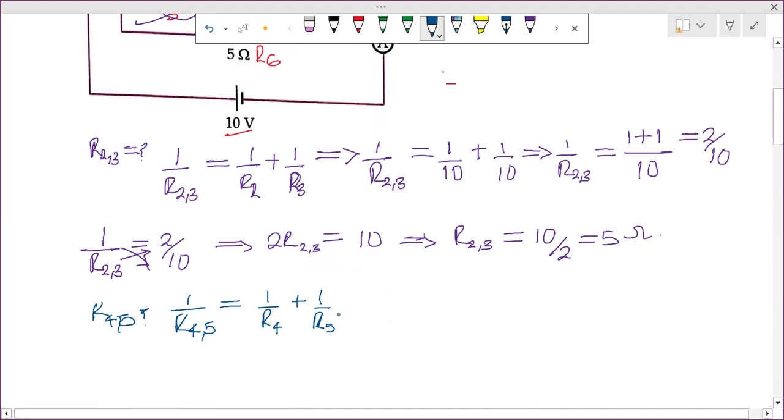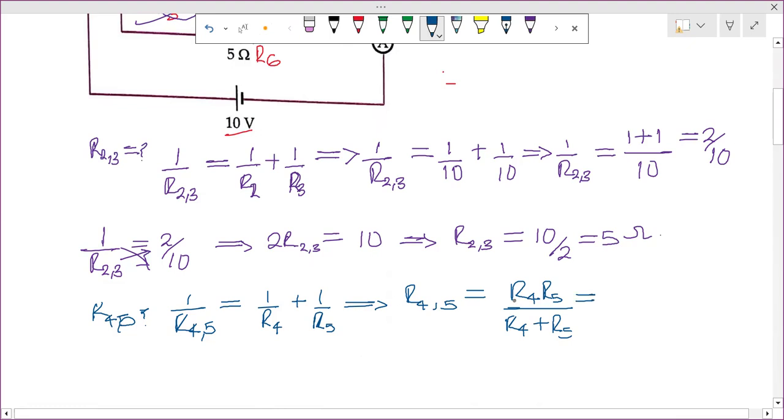Is that correct? And they have the same value. So when you have two resistors like this, you can just write it as R4,5 is equal to R4 multiplied by R5 all over R4 plus R5.